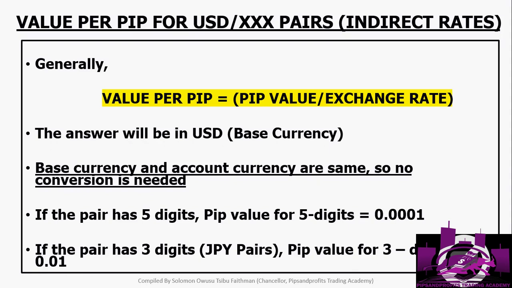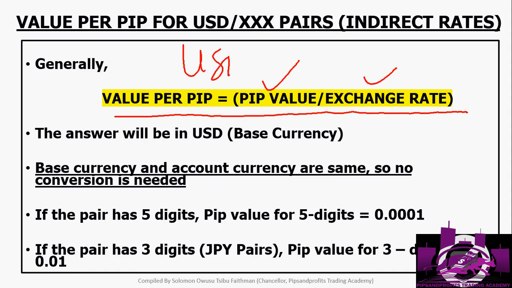Now, if we are having indirect rate, our general formula for value per pip is this. So value per pip is equal to pip value times our exchange rate. Now, with this indirect rate, look at how the pair is being written. Here, we are having the USD paired with another currency.